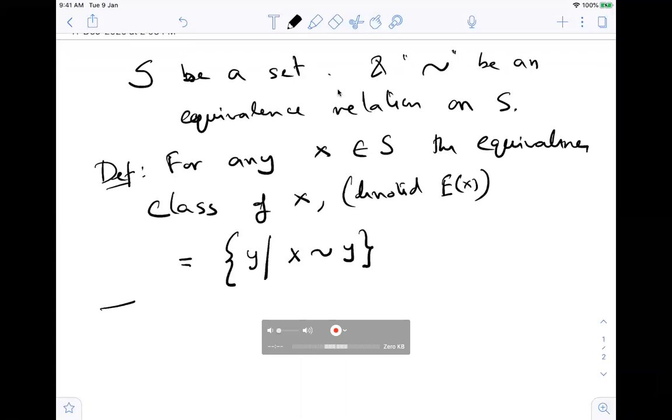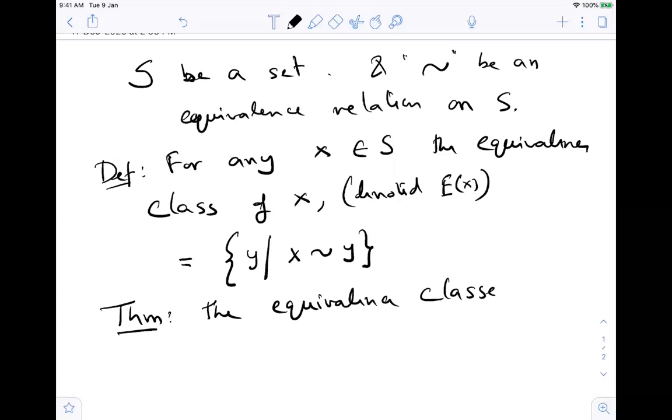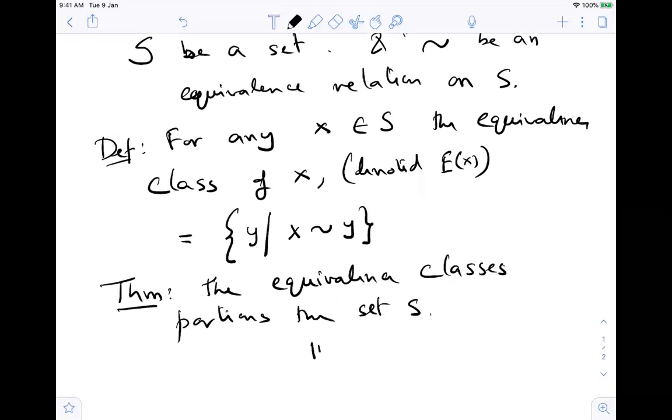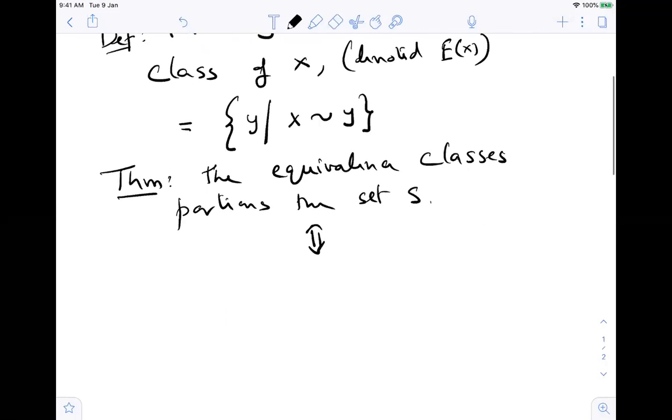The theorem says that the equivalence classes partition the set S. What does this actually mean?